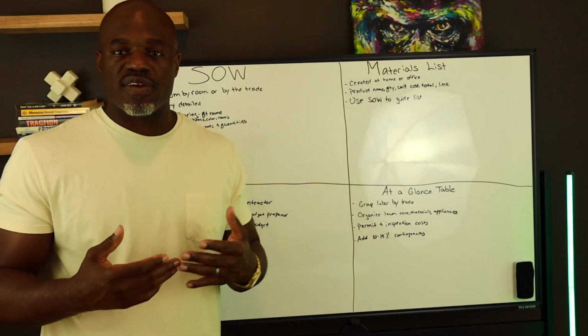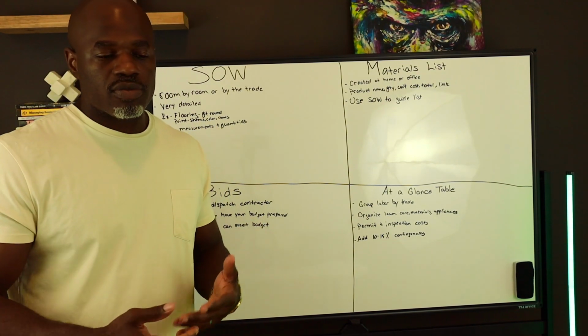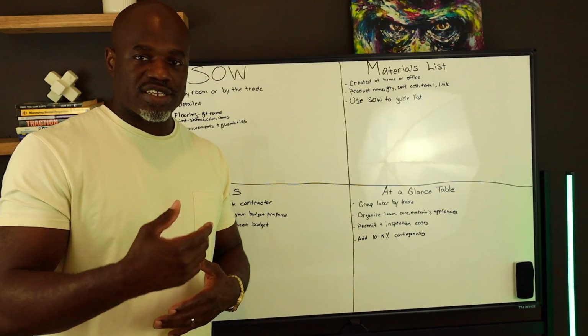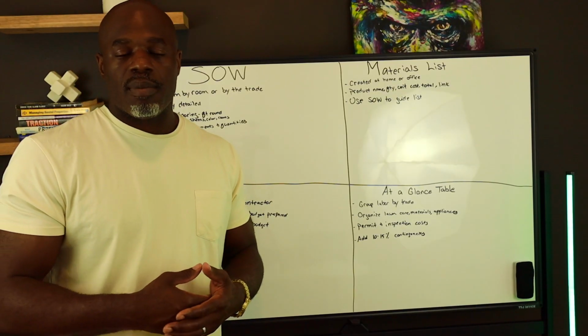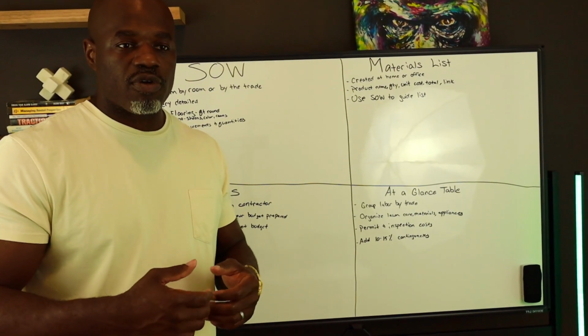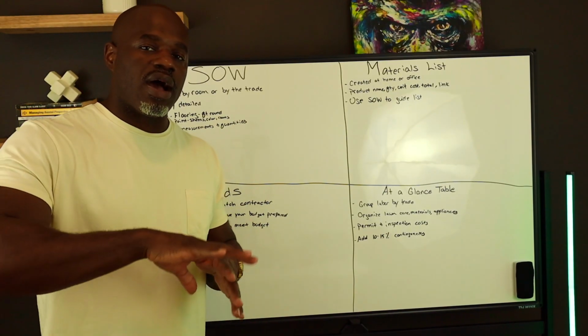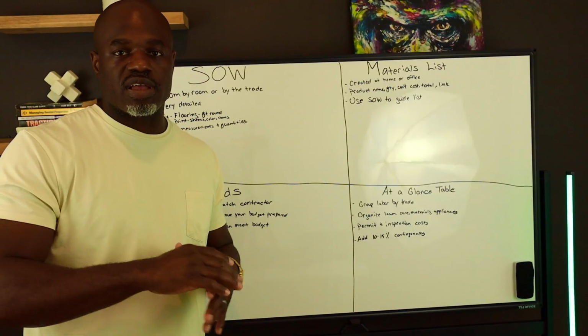So you have 2 different options for your scope of work. You can choose to either go room by room, walk into the living room, write everything down that needs to be done, walk into the dining room, write everything down that needs to be done, or you can break it down by the trade. So even when I'm going room by room, I'll sort of have the plumbing duties and the electrical duties mixed in there. Now, I'll break their stuff off into, under plumbing, this is what needs to be done.